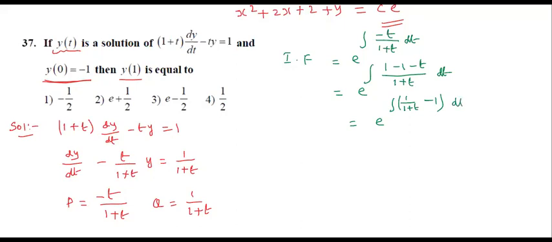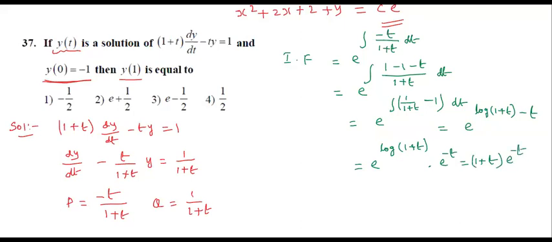The numerator and denominator are going to cancel. Now e power integration 1 by 1 plus t dt means logarithm of 1 plus t, minus integration 1 dt, that is t. Split: e power logarithm of 1 plus t into e power minus t. So e power logarithm of 1 plus t gives 1 plus t, into e power minus t.